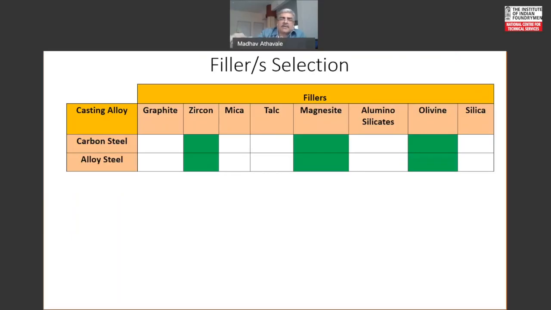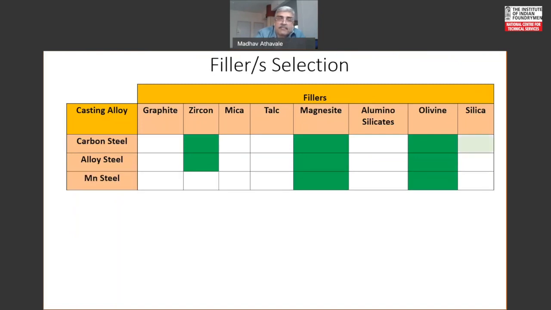We have seen the details, the physical properties of all these fillers, in our previous lecture: their melting points, fusion points, sinter points. For manganese steel, you need something which is non-siliceous. So, magnesite-based coatings, that is MgO-based coatings, and olivine. And again, we looked at what the filler properties should be in our last lecture.